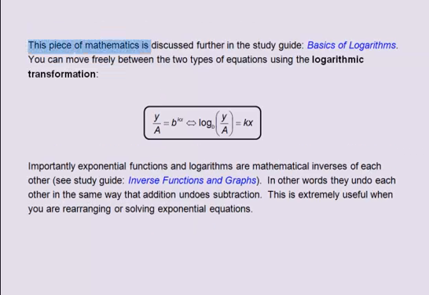This piece of mathematics is discussed further in the study guide, Basics of Logarithms. You can move freely between the two types of equations using the logarithmic transformation. y divided by a equals b to the power kx converts to log to the base b of y over a equals kx, or vice versa.